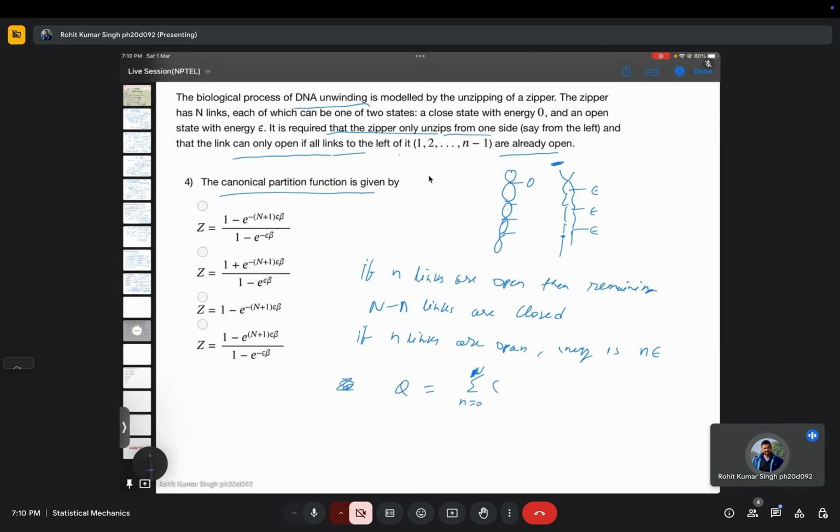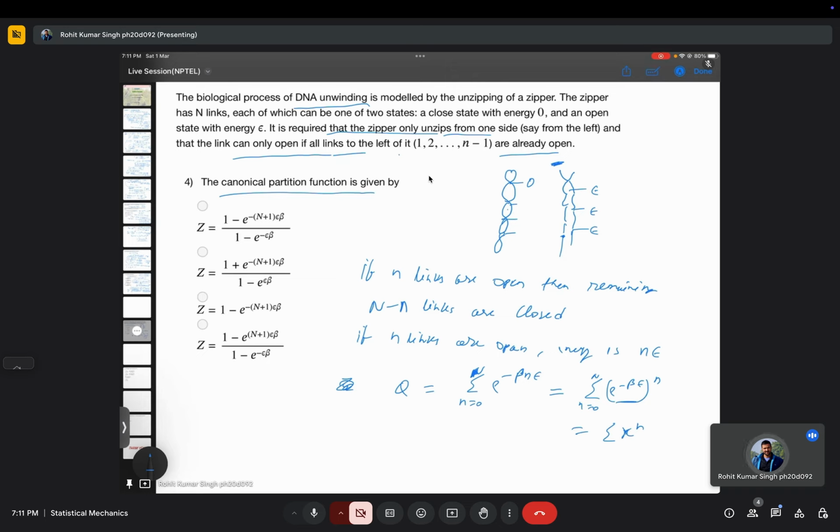only consists of those links which are open, because the closed links have zero energy. So this will contribute nothing, right? And you can write it as e to the power minus beta epsilon to the power n. So this is a constant, to the power n, so this is like x to the power n.